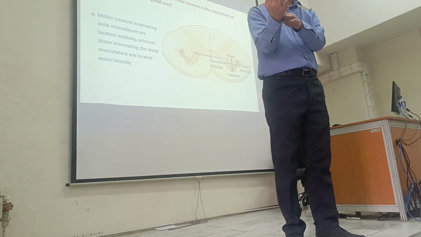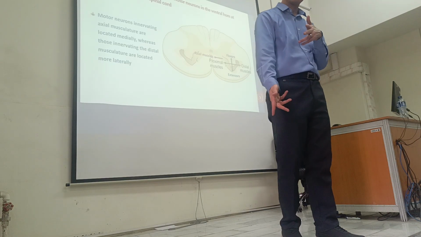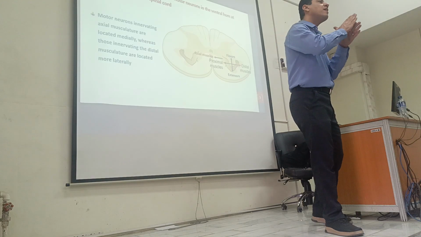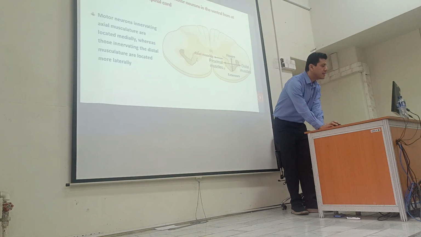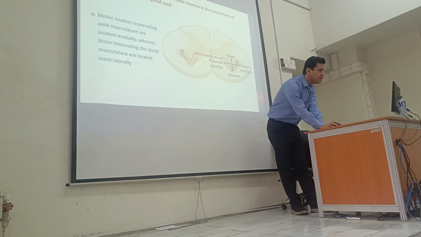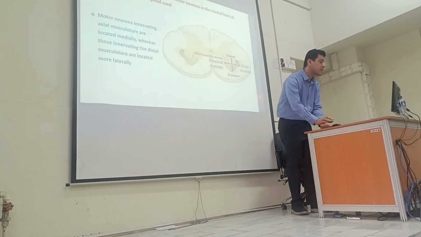So they innervate fingers and wrists, or toes and ankles, right? They are located in the lateral region. So in the ventral horn, we have lateral area, medial area. Alpha motor neurons that are located in the lateral area innervate distal muscles of the arm, fingers and wrists.